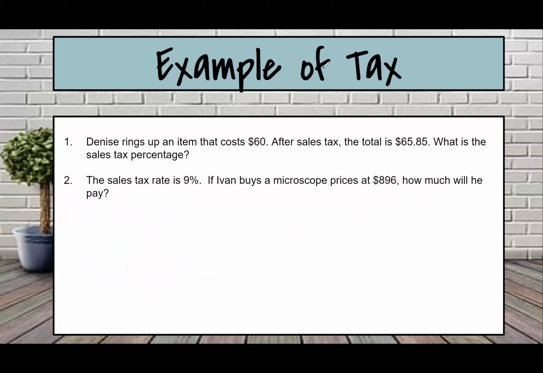Okay, so number 2, the sales tax rate is 9%. If Ivan buys a microscope priced at $896, how much will he pay? So this is where you could use one of the easier formulas. That formula we talked about was the original times the percent tax equals the dollar tax.